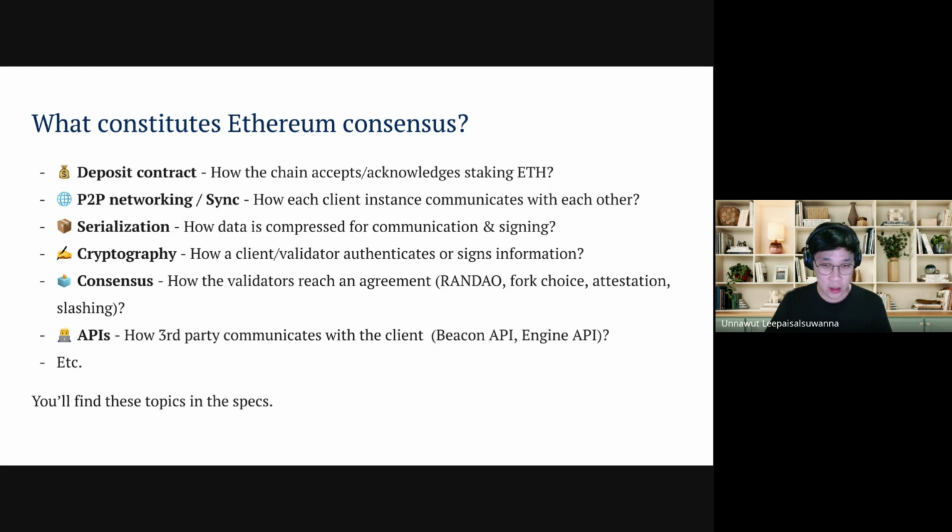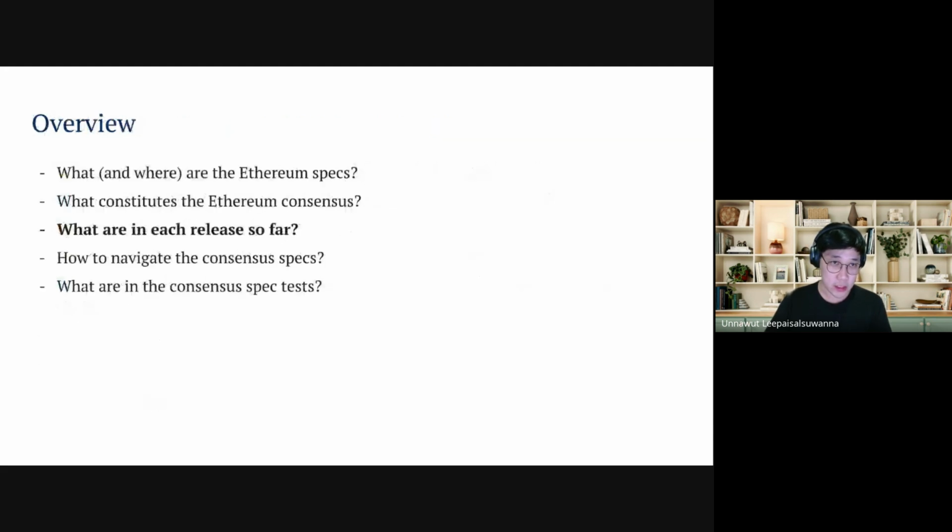There's third-party software that can integrate or talk to the consensus client itself. So the APIs consist of the Beacon API, the Engine API, and this also includes the API that the execution layer requires to talk to the consensus client itself. You'll find all these topics in the specs, which I'll talk about more after this.